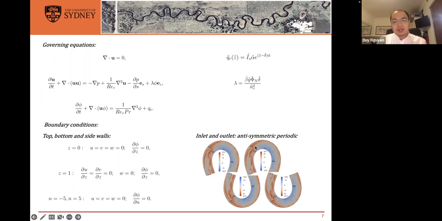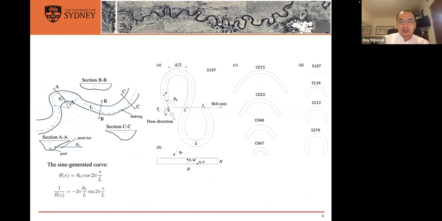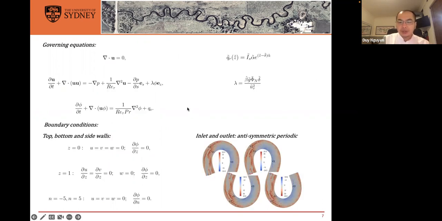To save computational cost, we want to model only half of the meander. So instead of modeling all of it from 0 to 2 here, we could just do it from 1 to 0. To do this, we use an anti-symmetric periodic boundary condition for the inlet and outlet.